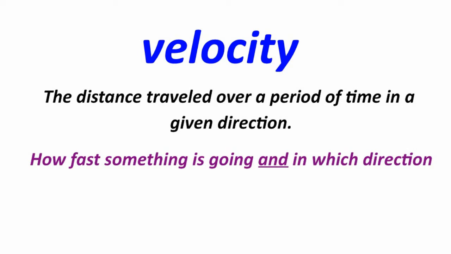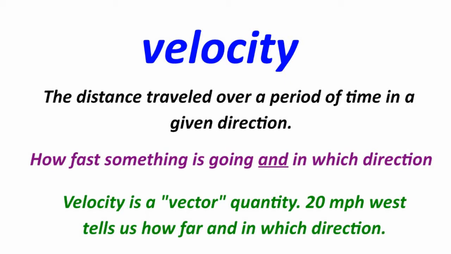With that knowledge, you will recall that we said speed was a scalar quantity. It did not have direction. 20 miles per hour does not tell us where we're going. Velocity, on the other hand, does have direction. So would you say that velocity is a scalar quantity, or is it a vector quantity?